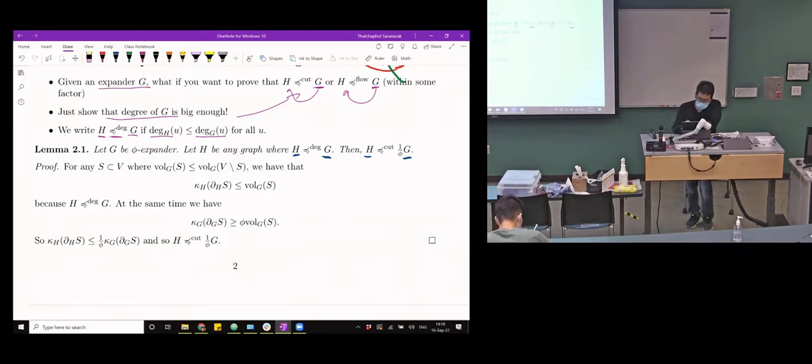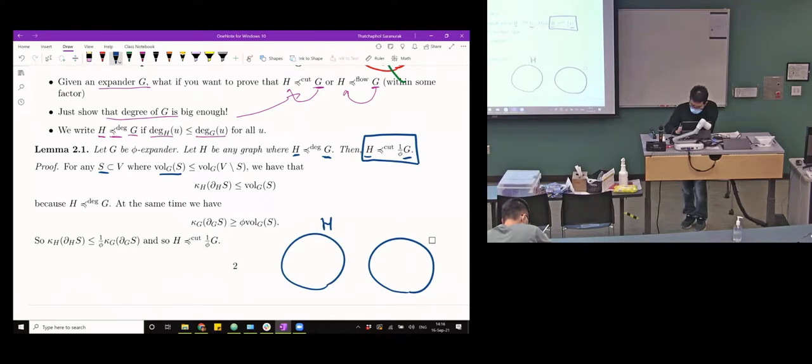Take any cut S, which is on the smaller side. This is H, and this is G, and let's say S here is on the smaller side of G. Then what do we know? The cut size in H is going to be at most the volume of S in G. Why is that?